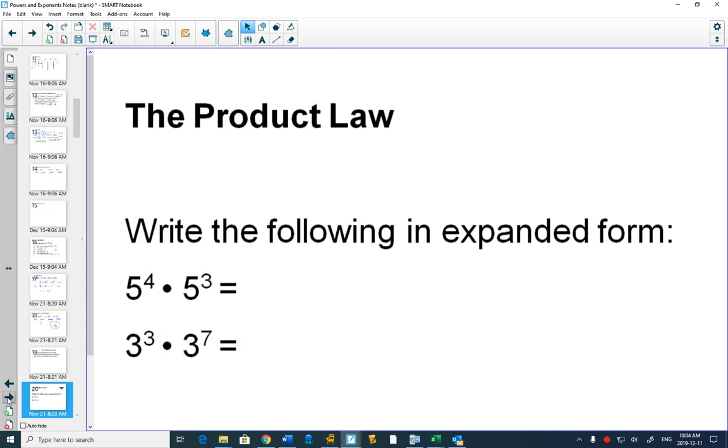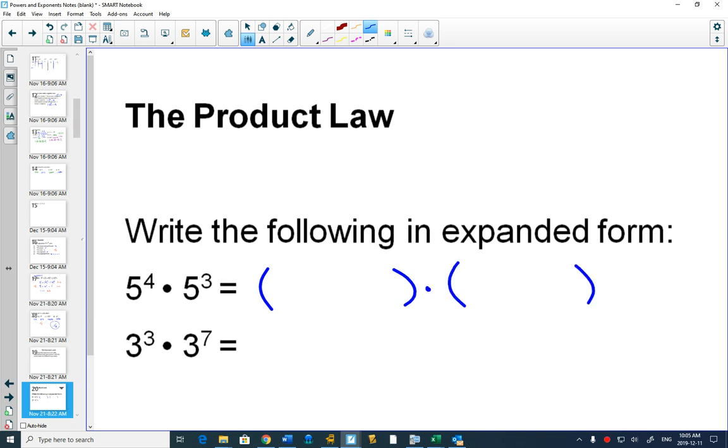The first one that we look at is the product law. And we start to discover the product law by writing things in expanded form. So if you have 5 to the 4 and 5 cubed, and you wanted to write that in expanded form, I'm going to put brackets here.